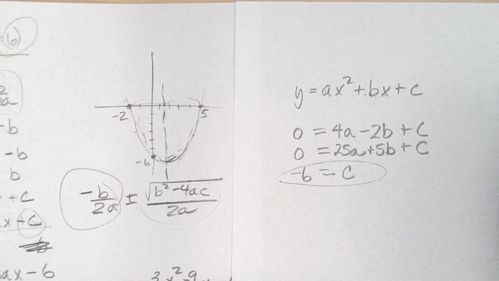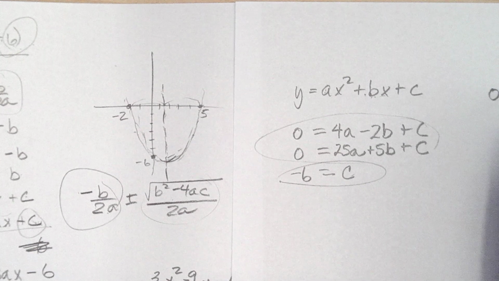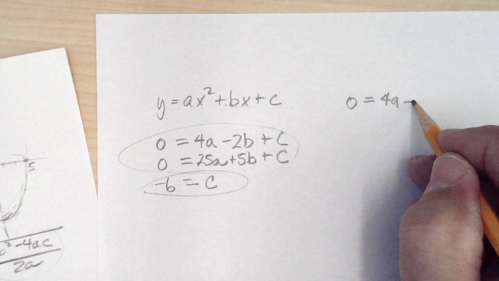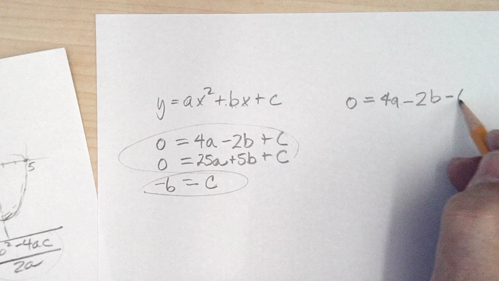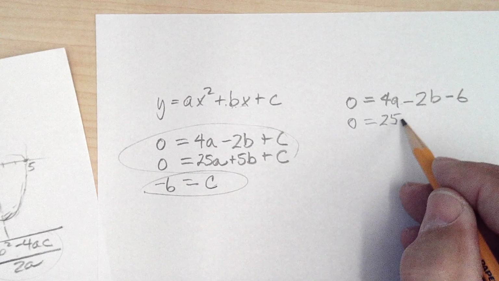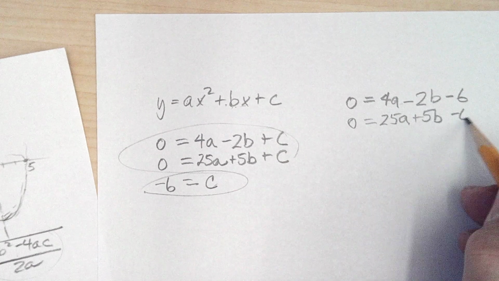So if I go back to these two, I got 0 equals 4a minus 2b minus 6, and 0 equals 25a plus 5b minus 6.